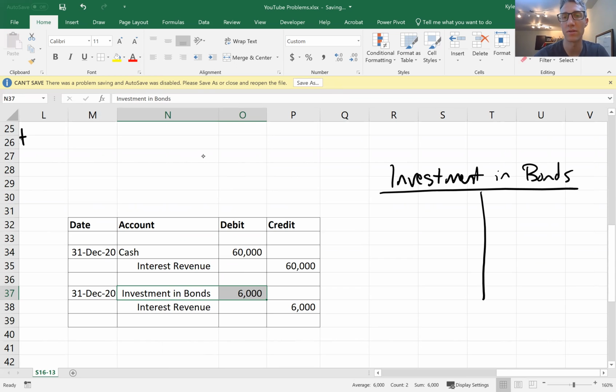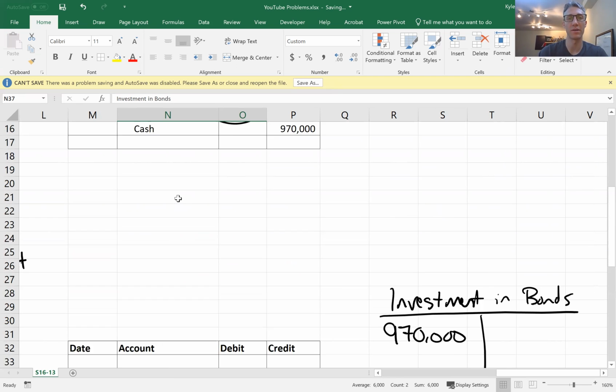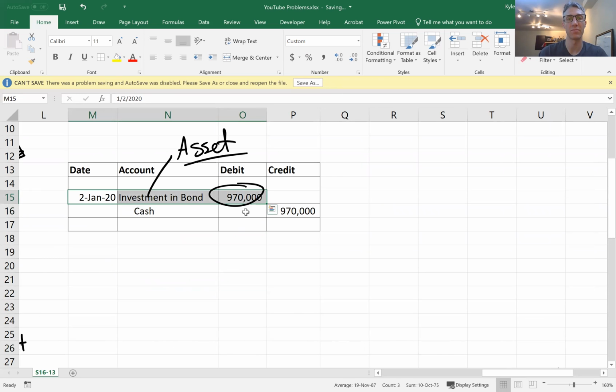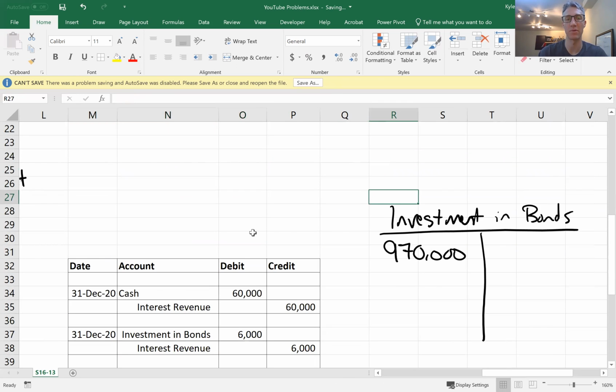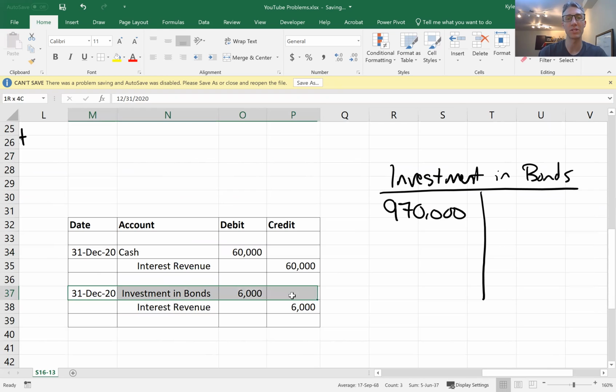The original purchase was 970. And then the year one, right, this 970 debited, this is an asset, remember. And then in year one, we just increased the carrying amount of this bond by $6,000. And this is the year one.